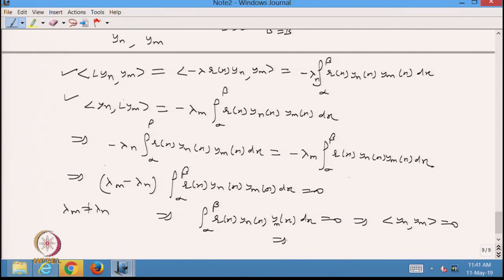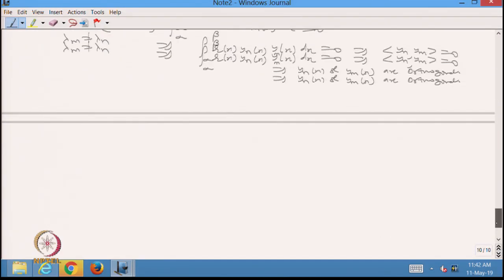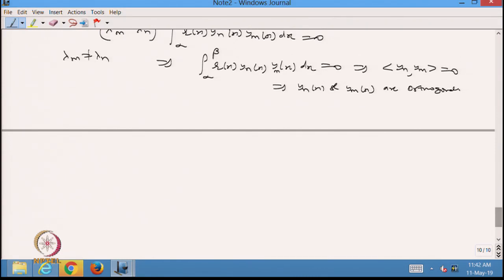So y n x and y m x are orthogonal, because the same concept comes from self-adjoint matrices. In self-adjoint matrices, self-adjoint means symmetric matrices, we know that the eigenvalues are real, and in that case we find the eigenvectors, and the eigenvectors are orthogonal to each other. So the same analogous things are going on in the case of eigenvalues and eigenfunctions.